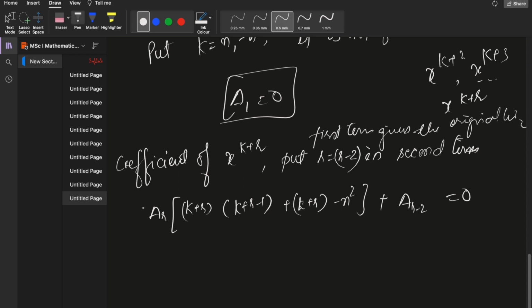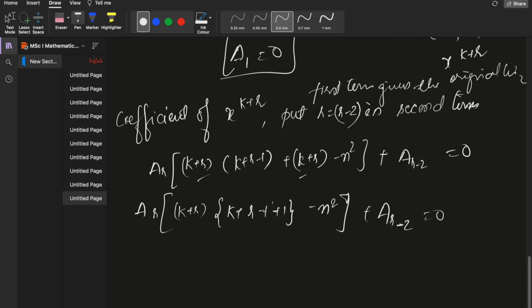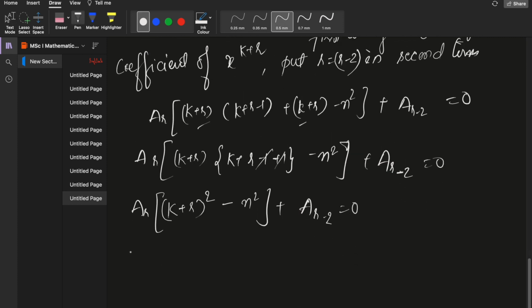Now, to simplify, ar equals, taking k plus r common, what is left is k plus r minus 1 plus 1, minus n squared, plus ar minus 2 equals 0. Then we can see this cancels out, and it becomes the square. So k plus r to the power 2 minus n squared plus ar minus 2 equals 0. I know the formula a squared minus b squared equals a plus b times a minus b.